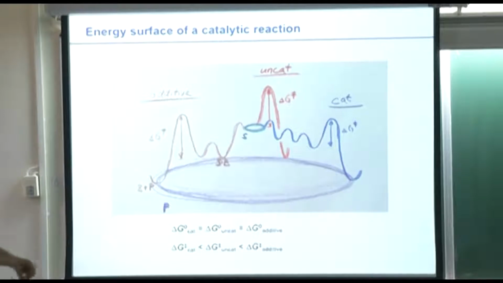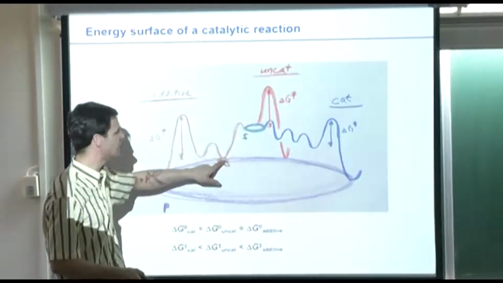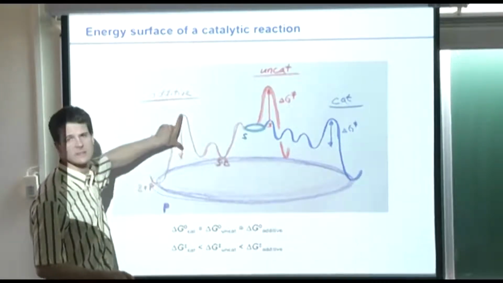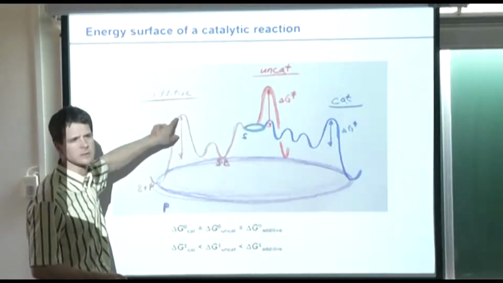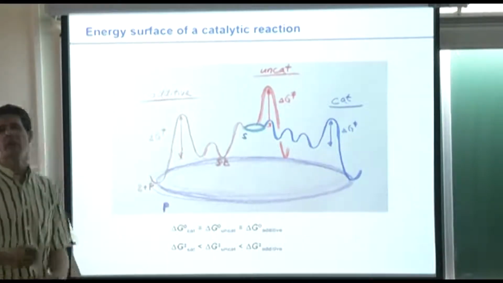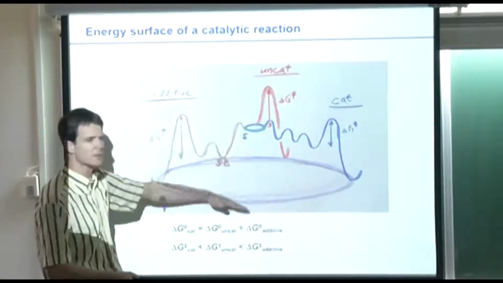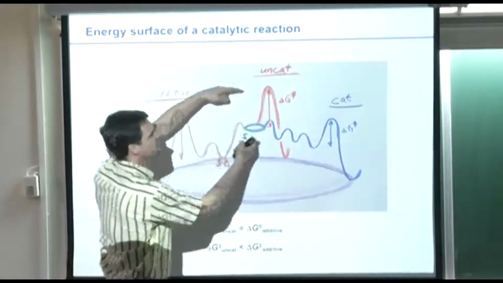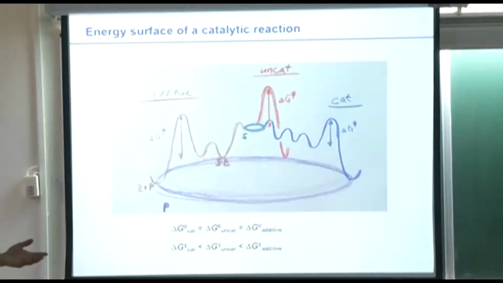With an additive, it depends whether the stabilization of the ground state is larger or smaller than the stabilization of the highest energy transition state. So some additives can be inhibiting, because they don't lower the transition state much but stabilize the intermediate. Then the actual barrier becomes larger than in the uncatalyzed process. So additives can have a dual effect.